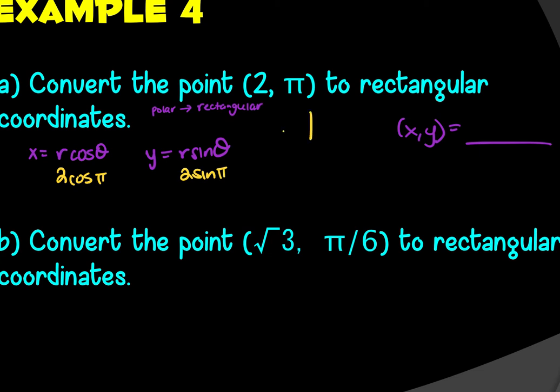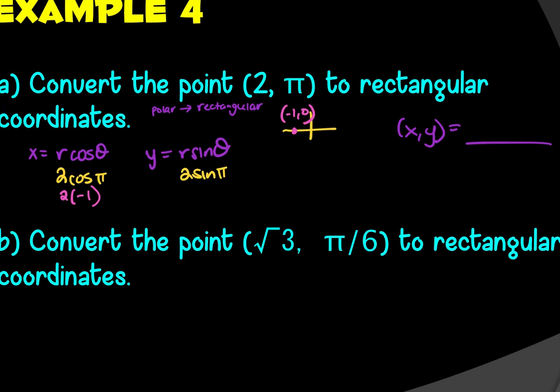Pi is where on my unit circle? On the left. What's the coordinate point there? -1, 0. So what's the cosine? Wait, I'm confused. Where did you get -1, 0? That's the coordinate point at pi. I thought it was 1. No, move left, right?